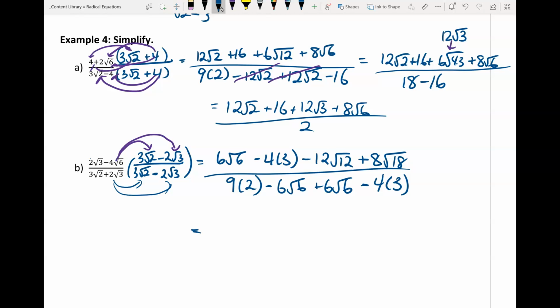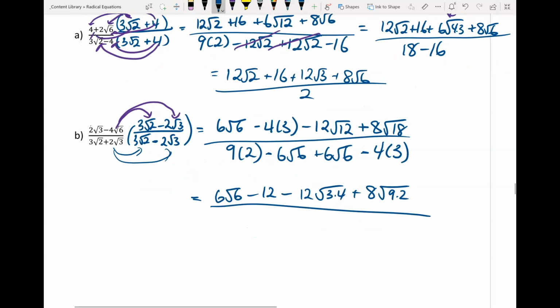So we can simplify our numerator a little bit, and we're going to write this into more simplified mixed radicals. So I'm going to write the root 12 as 3 times 4, and the root 18 as 9 times 2. In our denominator, these two are gone.